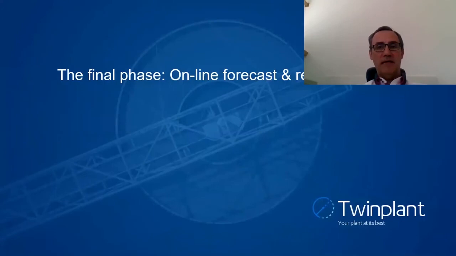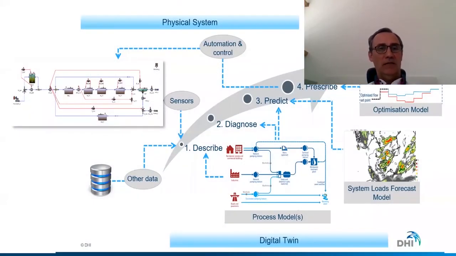And then the final phase of implementation of the twin plan is online forecast and real-time control of the facility. I will again come back to the well-known sketch of the digital twin compared to the physical system.